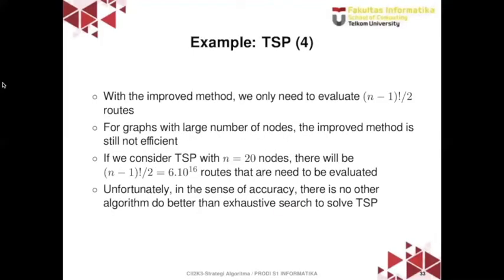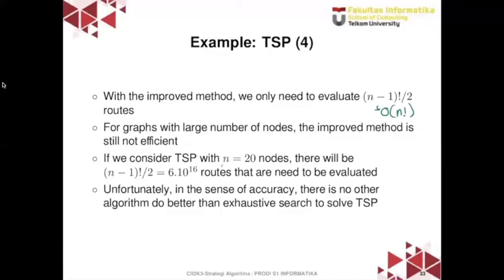With the improved method, we only need to evaluate (n minus 1) factorial divided by two routes, but this means that we still have big O(n factorial) for the permutation, such that for graphs with a large number of nodes, the improved method is still not efficient.